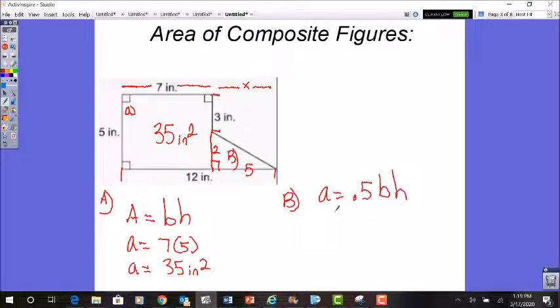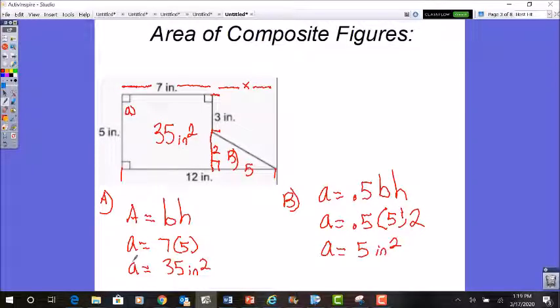Okay, so now when I look at the triangle here, I have 0.5 times a base of 5 and a height, which meets the base at a right angle, of 2. So my area for the triangle will be 1/2 times 5 times 2, which would be 5 inches squared.